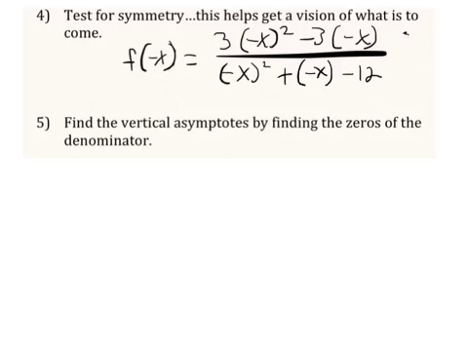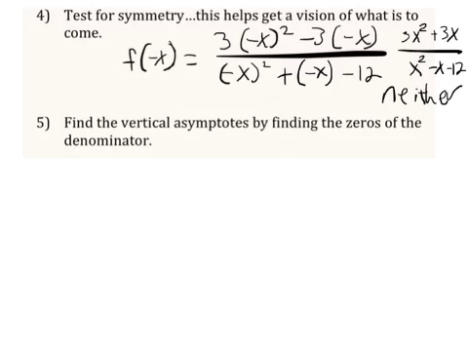So we get (3x squared plus 3x) over (x squared minus x minus 12). So not everything changed on this, so we're going to say neither one more time.